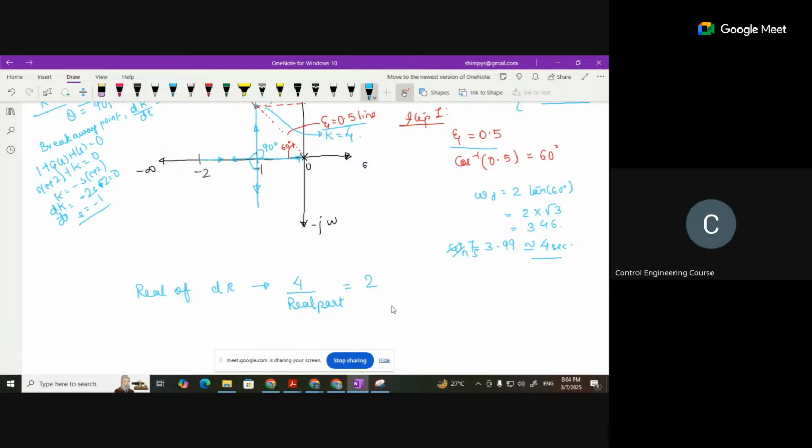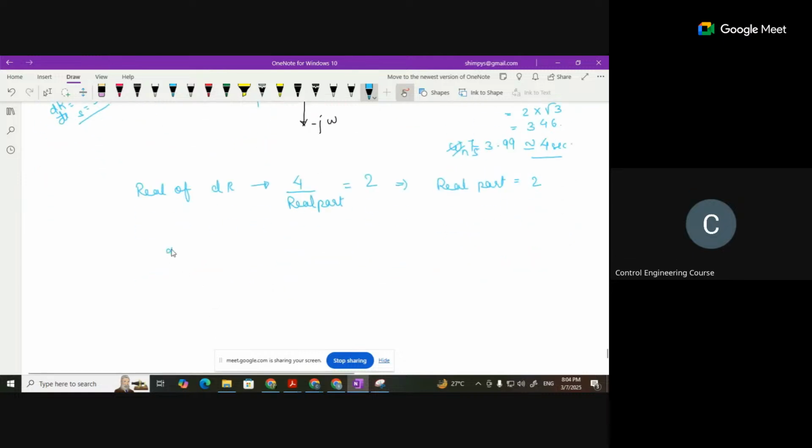So the real part will come out to be 2. And the imaginary part of dr, here I mark it as asterisk, is based on the angle of the damping ratio line which you have just calculated.